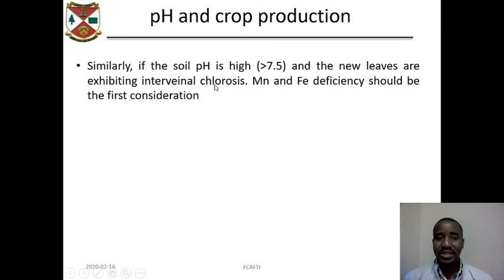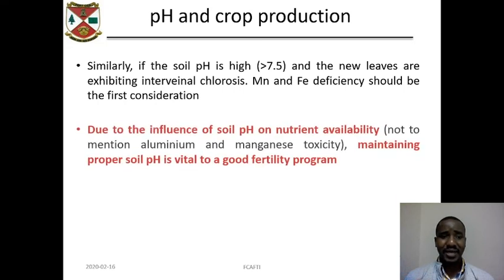That is chlorosis. Chlorosis means yellow. Very easy. Chlorosis, yellow or yellowish. Manganese and iron deficiencies will be the first consideration, okay?